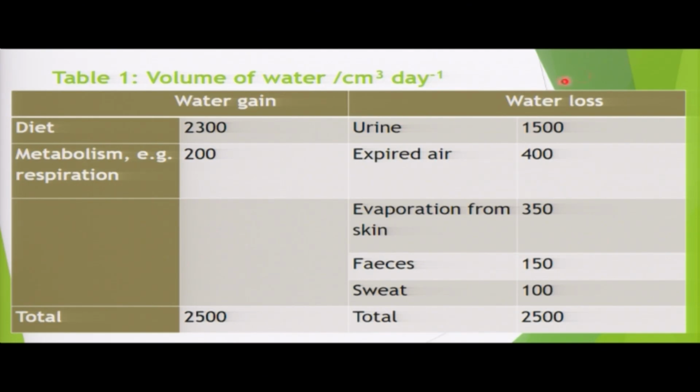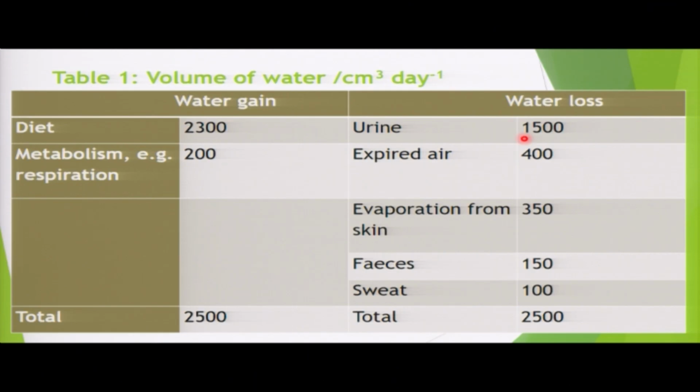It is 1,500, among 2,500. Then another 400 centimeter cube is excreted in expired air. When you breathe out, there are also some water vapors which get outside. That can equal 400.